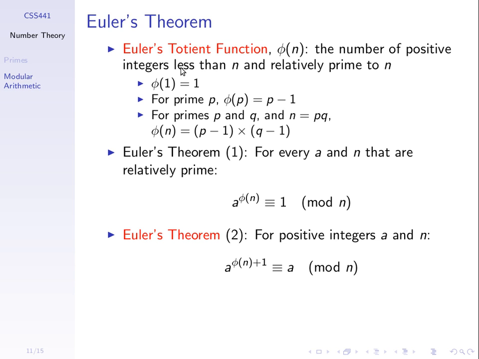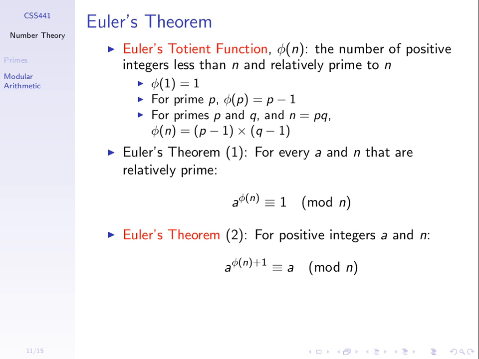Euler's totient function, we know, is the number of numbers less than n which are relatively prime with n, and there are some shortcuts. Euler's theorem has two forms. The second one we'll use. For positive integers a and n, if we have a, some integer, to the power of the totient of n plus 1, and we mod by n, we end up with a.